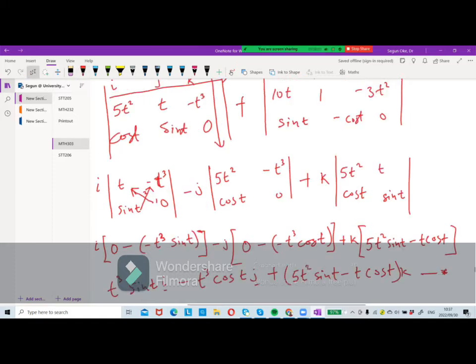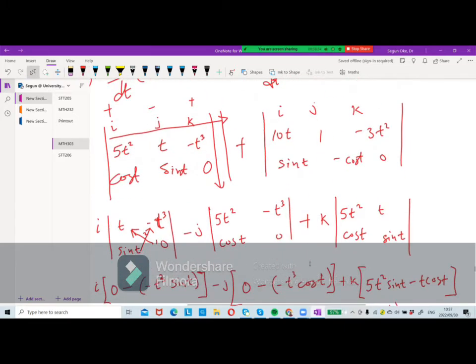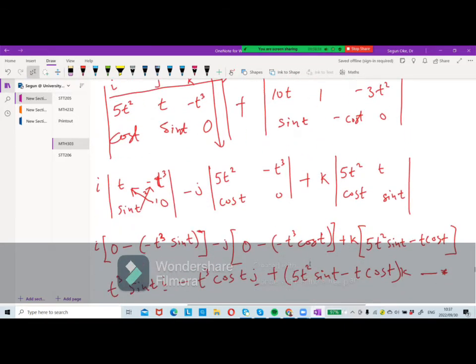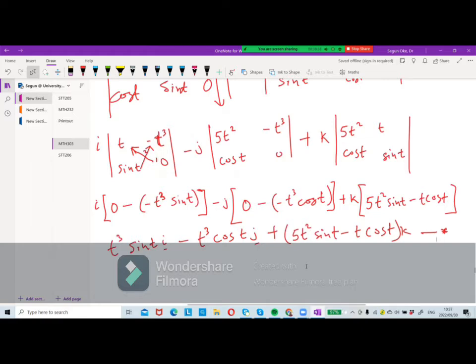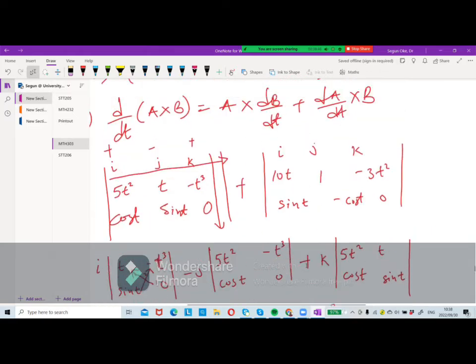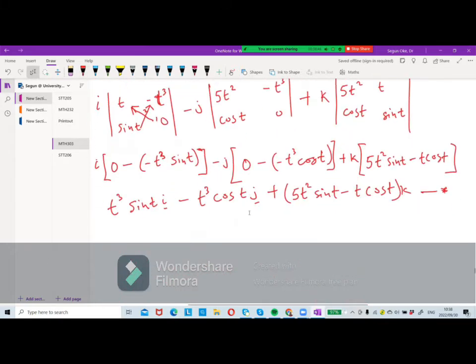Second matrix, we do the same thing to the second matrix. I can just take my time and write it out by myself, but let's just do it together. Let me just say plus. I hope you are following now.